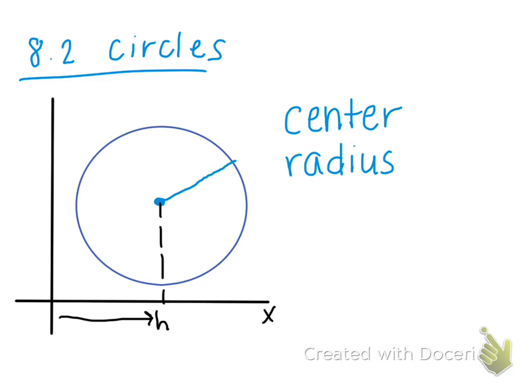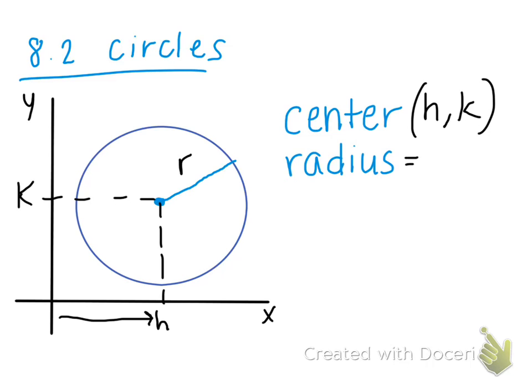And you can see I drew that distance to the center along the x-axis. That is coordinate h. So the center is some distance h from the origin. So h is our x-coordinate of the center. And then on the y-axis, that coordinate is the letter k.